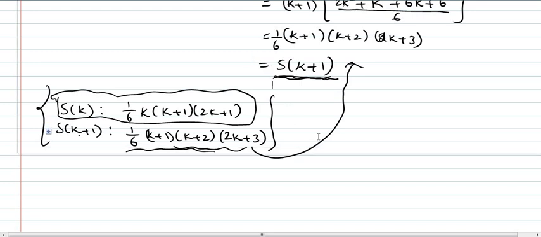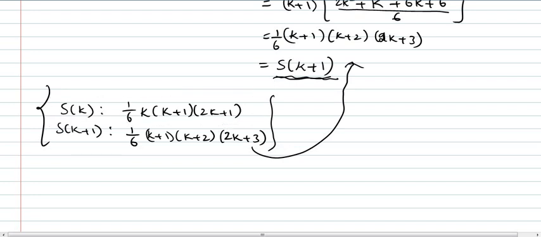Right. Now we write the conclusion. We assume that S of k is true, and we prove that S of k plus 1 is true.